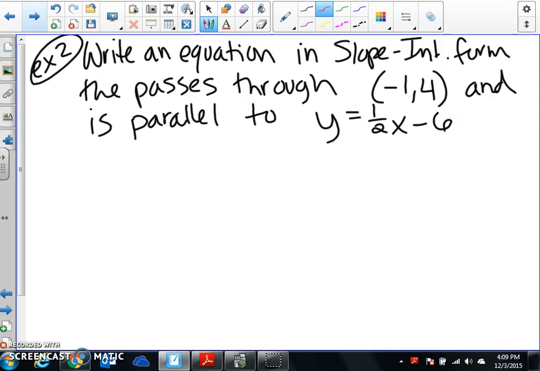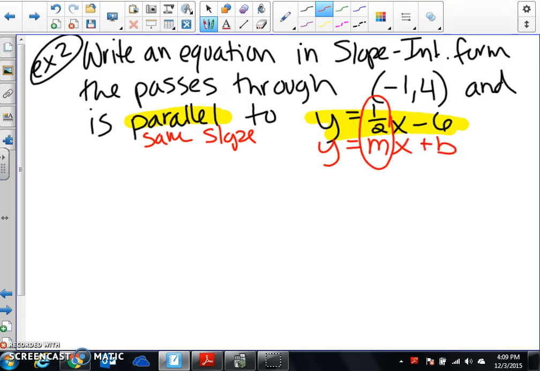Okay? So this is what you do. You say, all right, so here's my point. It's parallel to this equation. So if it's parallel to this equation, parallel lines have the same slope. So I go over here, and this is already in y equals mx plus b. So I know my slope is going to be m because it's parallel to that line. So I'm going to go ahead and say m equals 1/2.